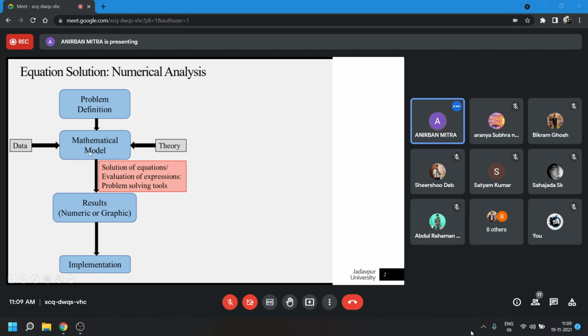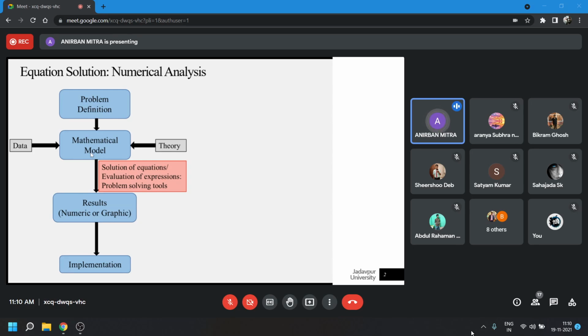That is the solution of the mathematical model or evaluation of the mathematical expression that has been derived. Obviously, this mathematical model is an abstract representation of a physical system, but here it is expressed in terms of certain equations or expressions.